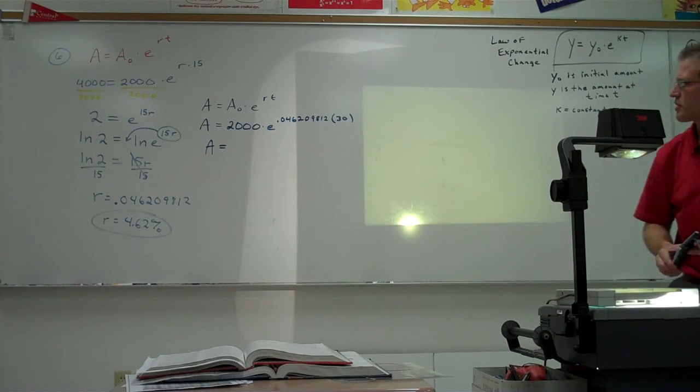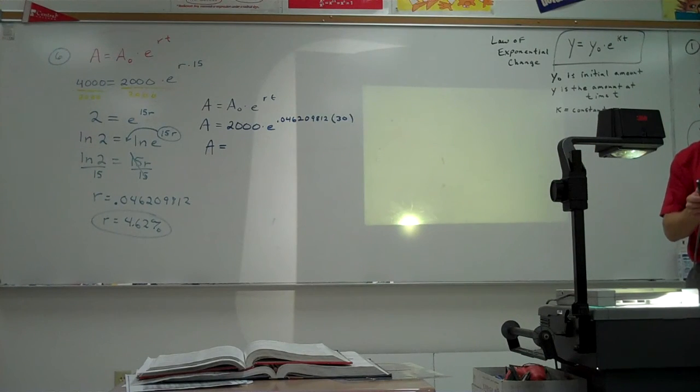So we're going to type in 2,000 times e, which is second divide, to the power of, and then in parentheses put your decimal, 0.0462 09812 times 30, enter.